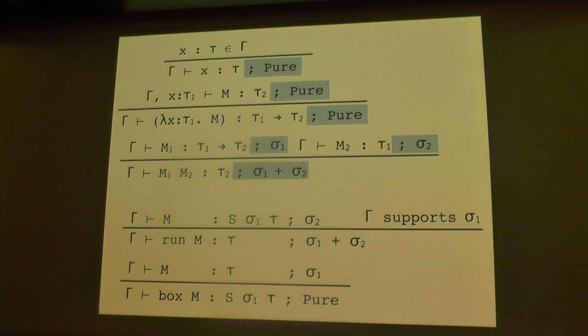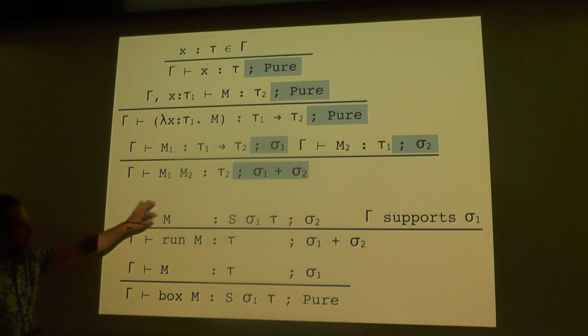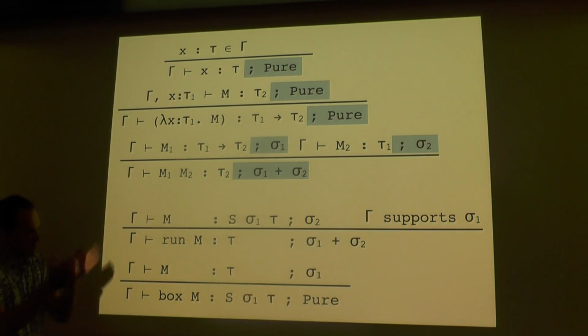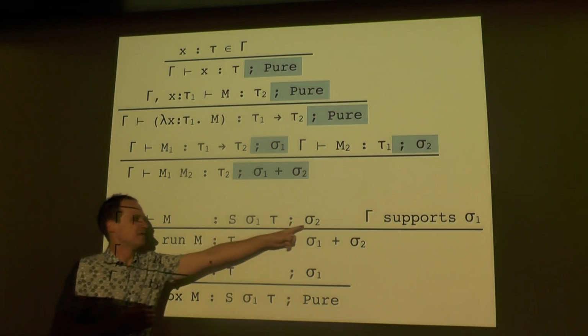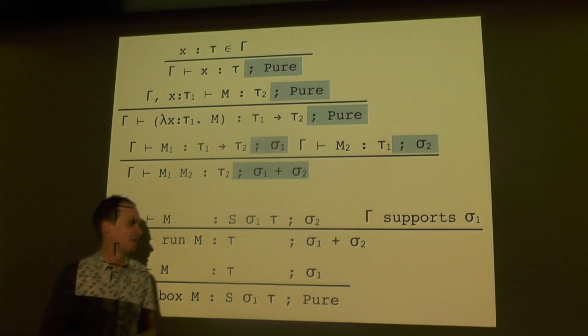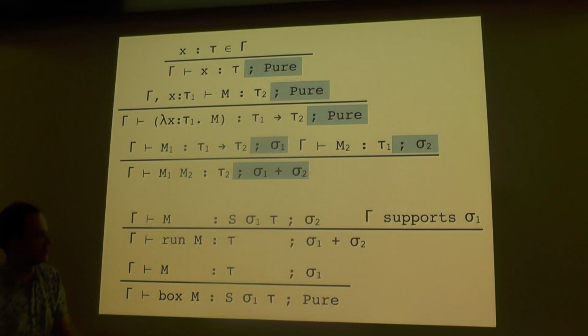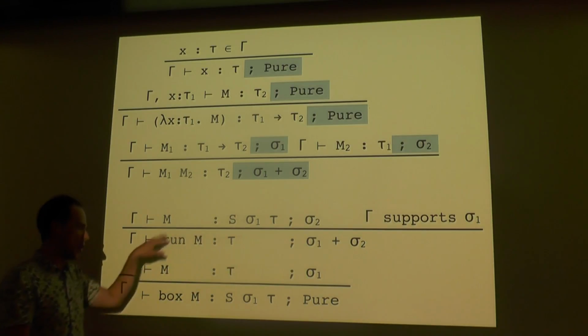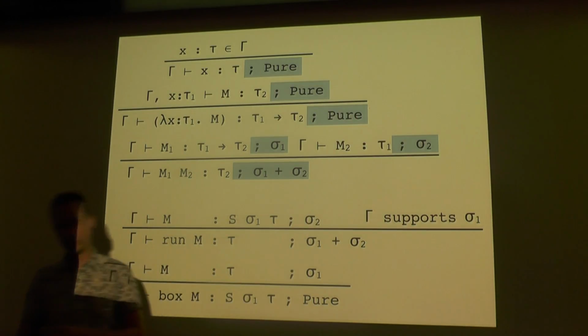So I evaluate an expression which returns a value, which is a suspended computation, and to do that, I did effects sigma 2, and then when I actually run the computation, it releases more effects, sigma 1, so the overall effect is sigma 1 plus sigma 2.